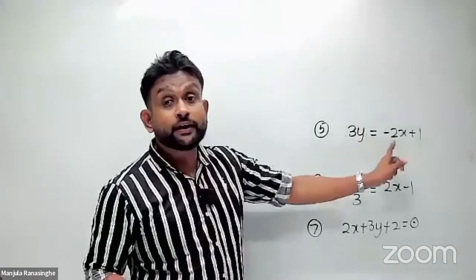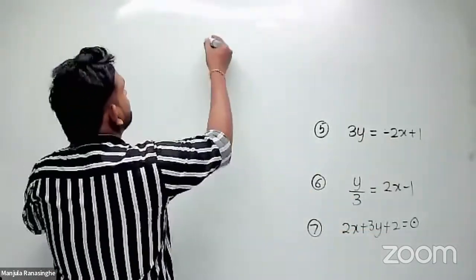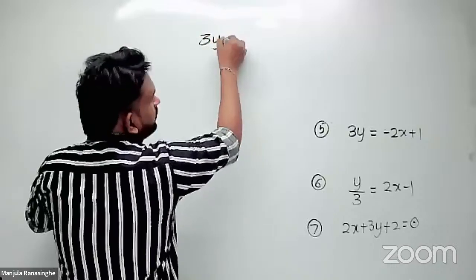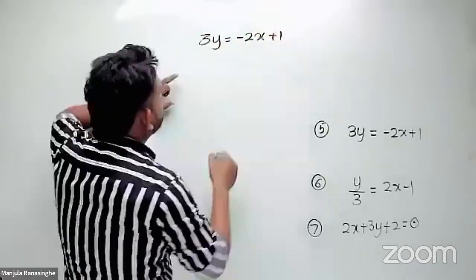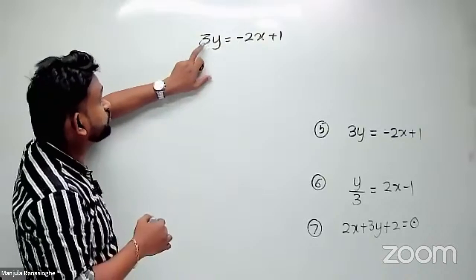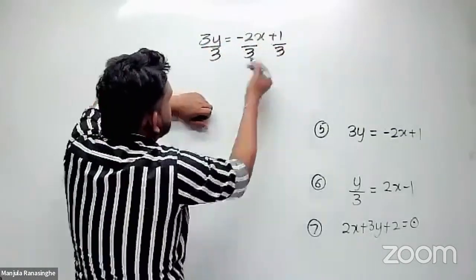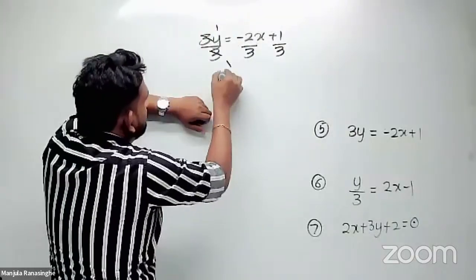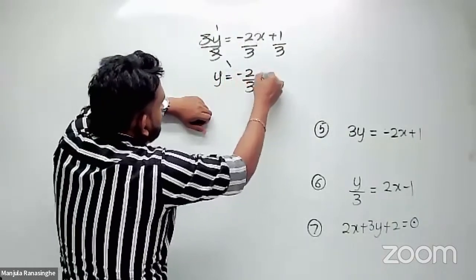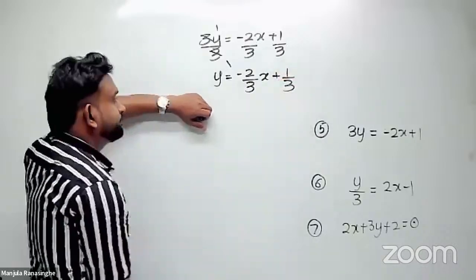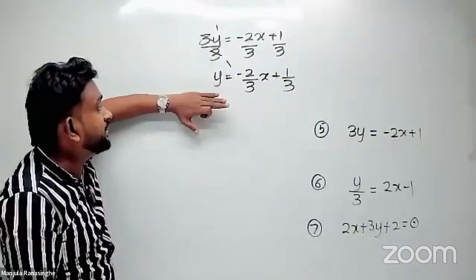So 3y equals negative 2x plus 1. Then divide by 3 all the terms, because 3 is multiplying y there. Divide by 3 here, here, and here. The 3 is cancelled. Then y equals negative 2 upon 3x plus 1 upon 3. Now what is the gradient and intercept?